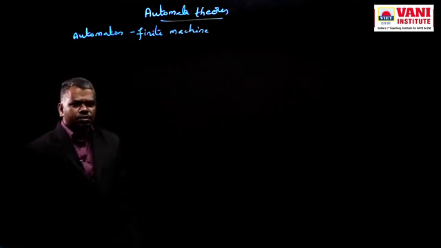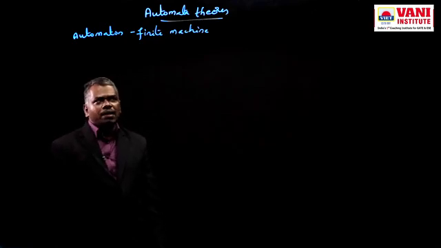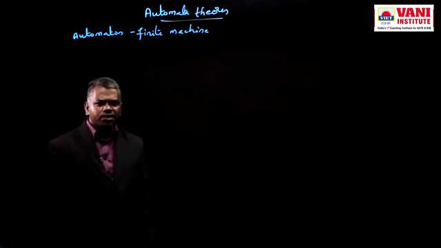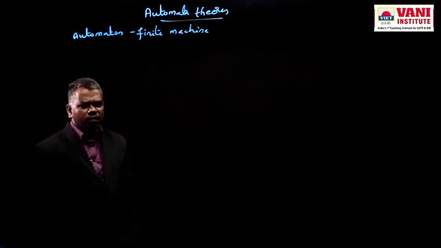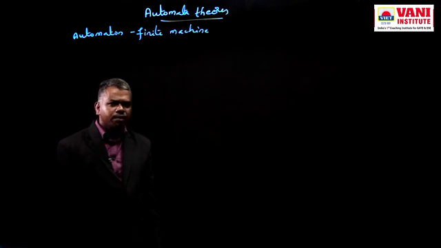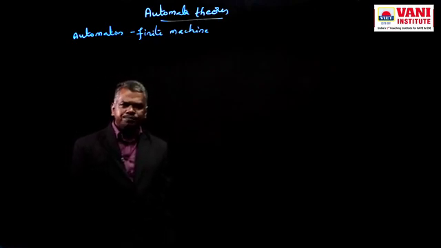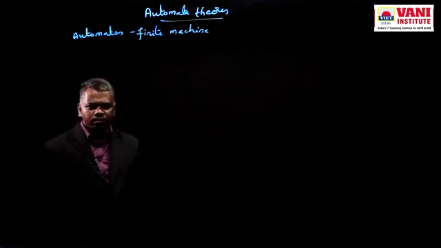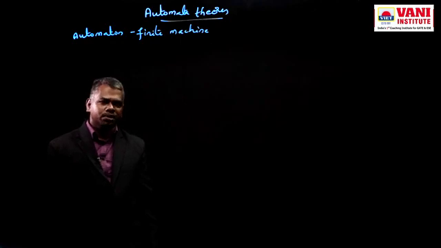For which purpose the automaton, this finite machine, will be useful, what kind of languages and inputs the machine will accept, what kind of output it will generate, and how many types of finite automata there are, all these things we will discuss in this subject.